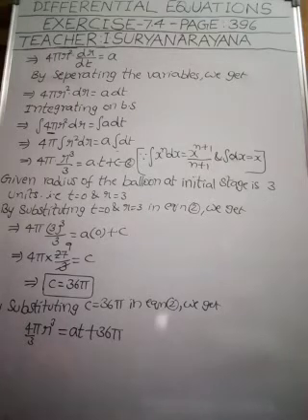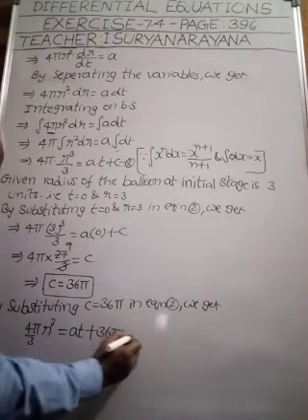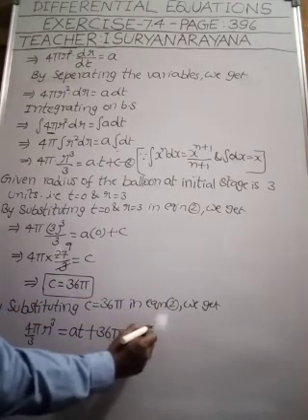Right. And what is given? After 3 seconds, the radius of the balloon is 6 units. So now, my children, let us consider this as equation 3.